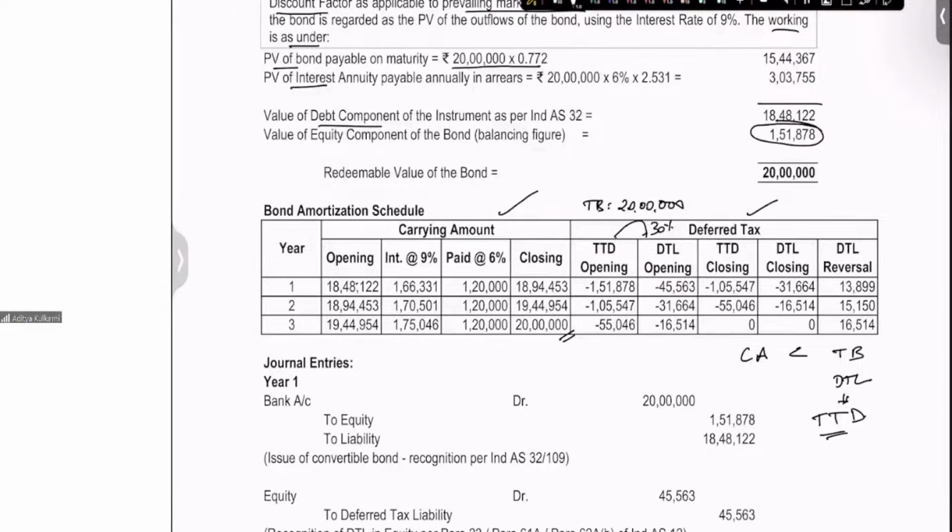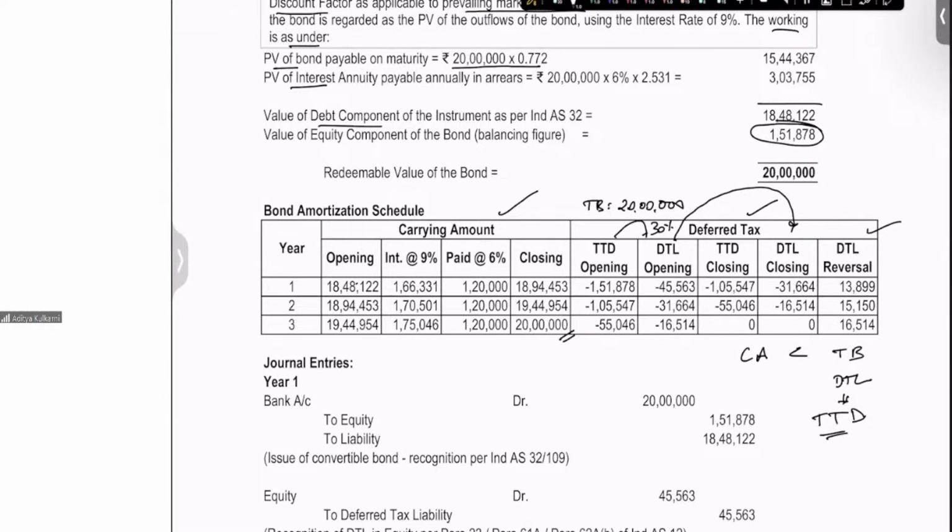Closing is 18,94,000 versus 20 lakhs. So this is 1,05,000, 31,664. So for your DTL reversal, you will deduct opening minus closing. So this is your DTL reversal. All right.